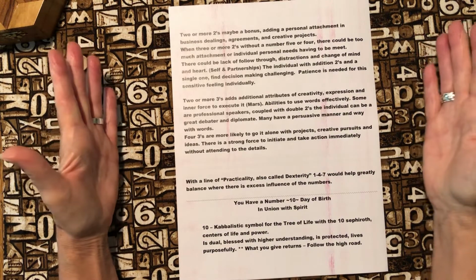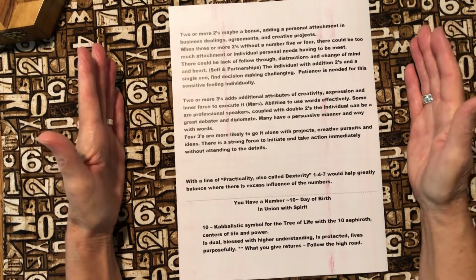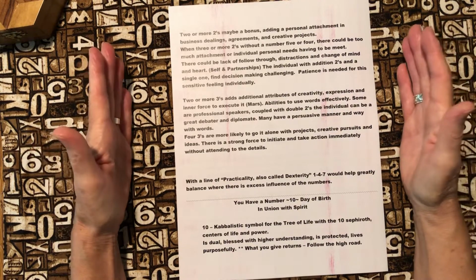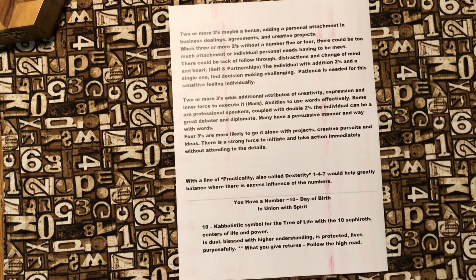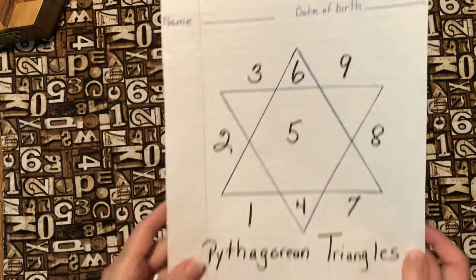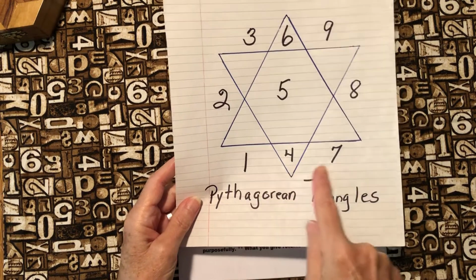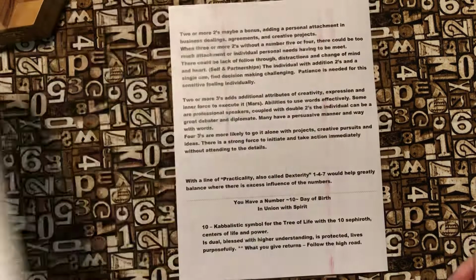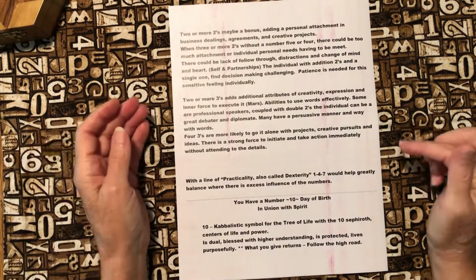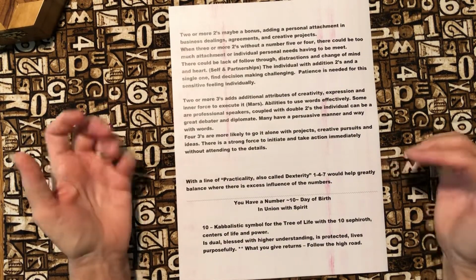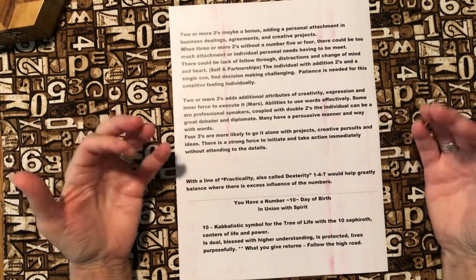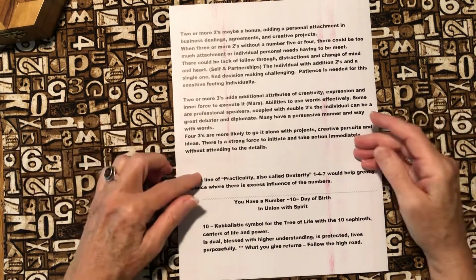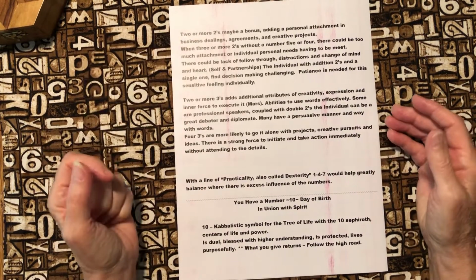A line of practicality, also called dexterity, that is line number 1, 4, and 7. Again, we'll discuss more in depth in future videos. It would help greatly balance where there are excessive influences of the numbers I've just spoken of.